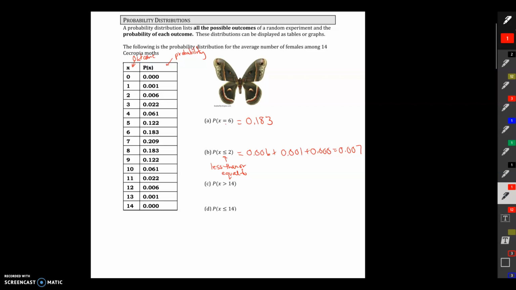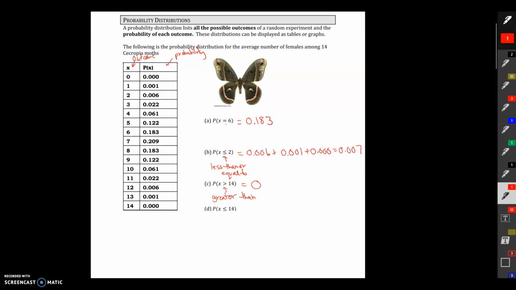Okay. We might be interested in what the probability is that x is, and this is strictly greater than, 14. That we have more than 14 moths, not including 14. So because the most we could have is 14, then the probability that we have more than 14 is 0.